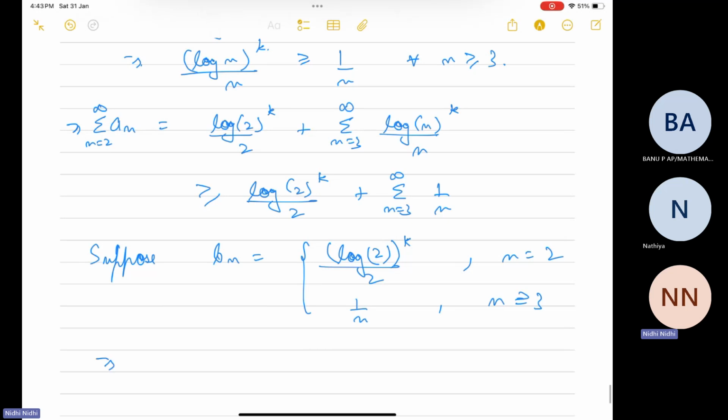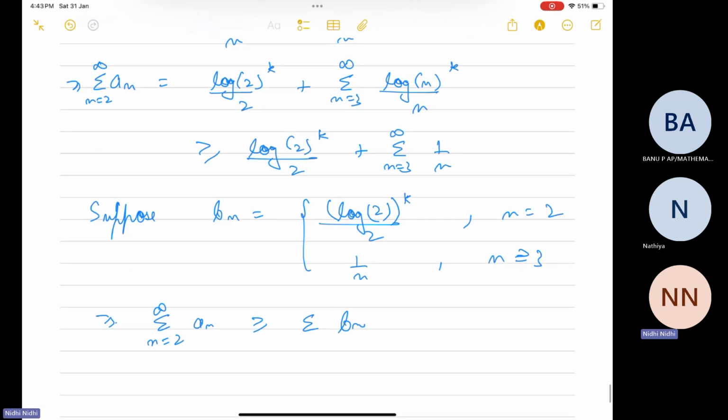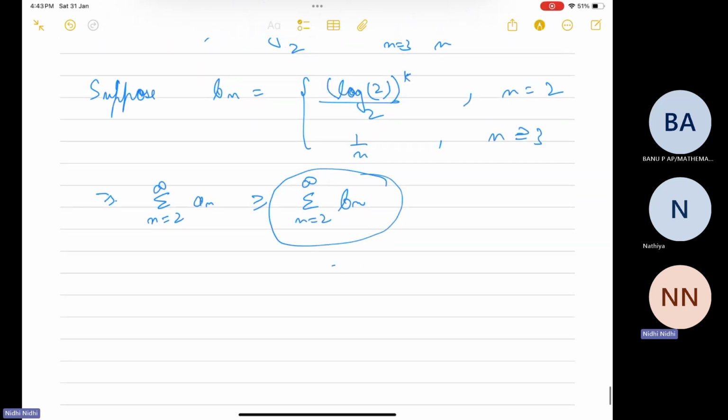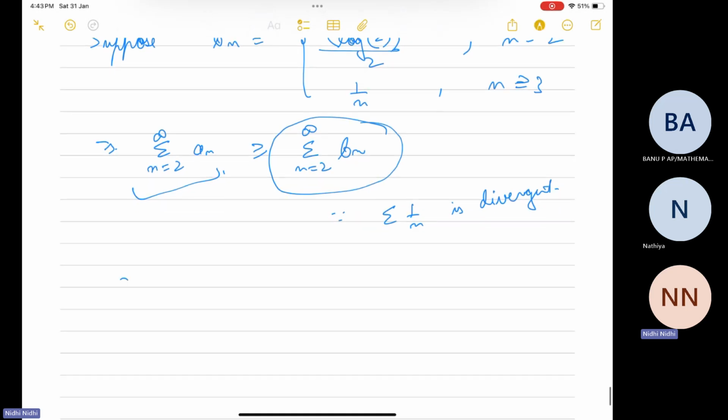So from here we get summation n from 2 to infinity an is greater than equal to summation bn n from 2 to infinity. Now this is a divergent term since summation 1 by n is divergent. Summation an is something which is greater than infinity, that will eventually be infinity also. That means summation an diverges.